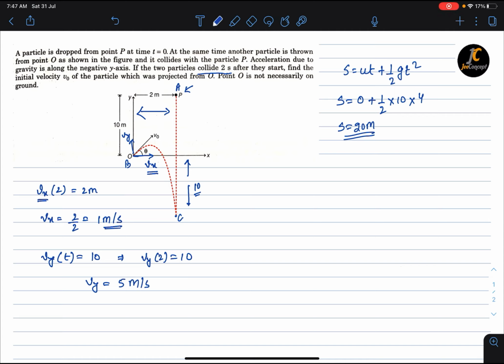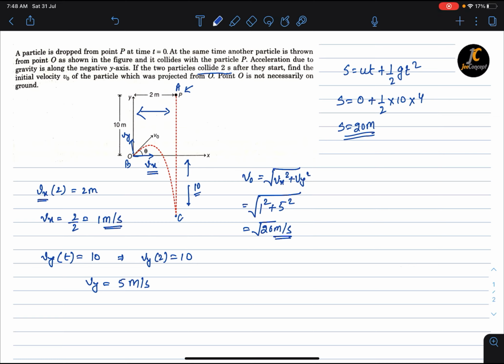Now we can easily calculate the value of V0. As we know, V0 is going to be the square root of Vx square plus Vy square, the magnitude of velocity using its components. So it is going to be 1 square plus 5 square, that means square root of 26 meter per second.